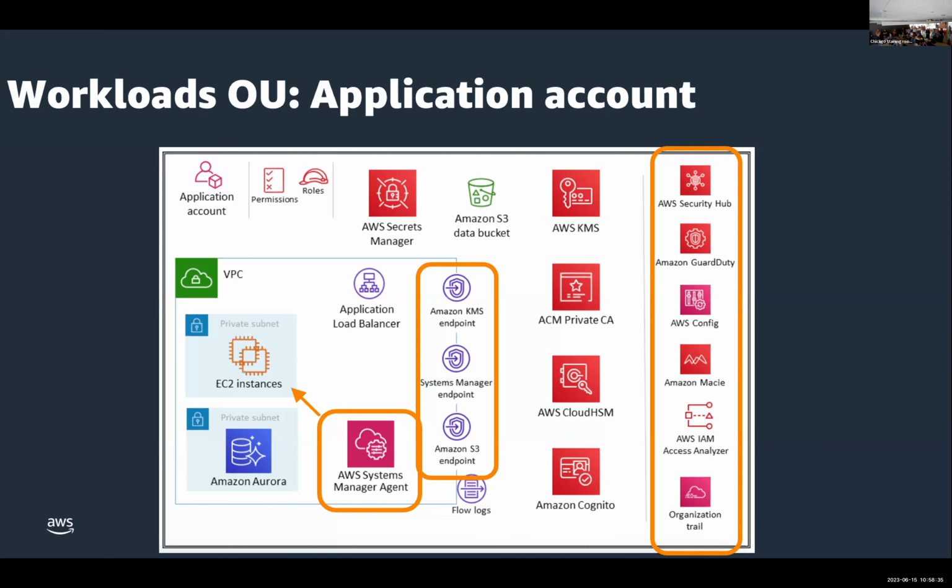All the way to the right, where we can see the last box, we have different security services that we quickly covered in the very first account, the security tooling account. So what you see over here is the very same services, and that's mainly because what we saw earlier was more on the organization-wide level, but what you see here is more on the account level.